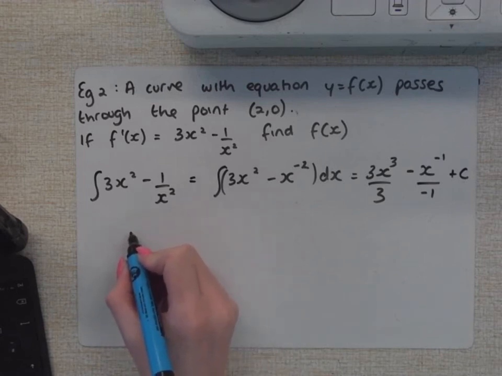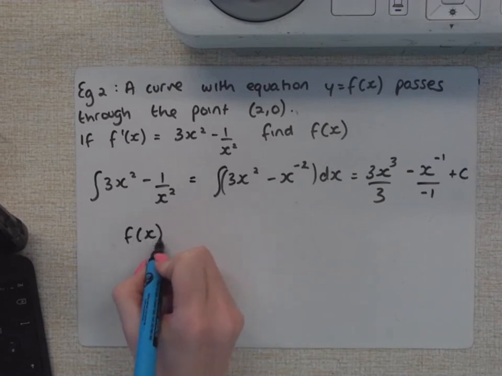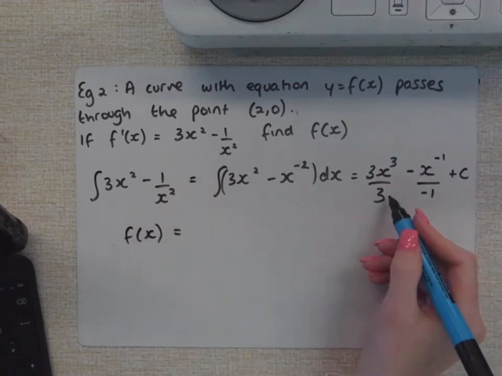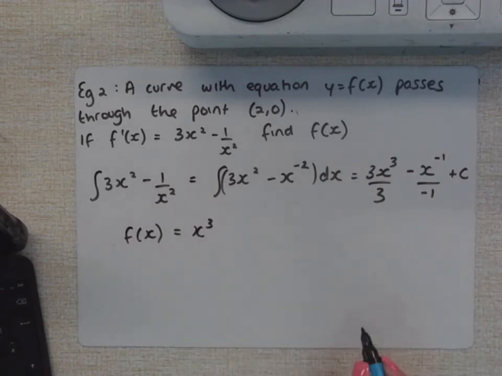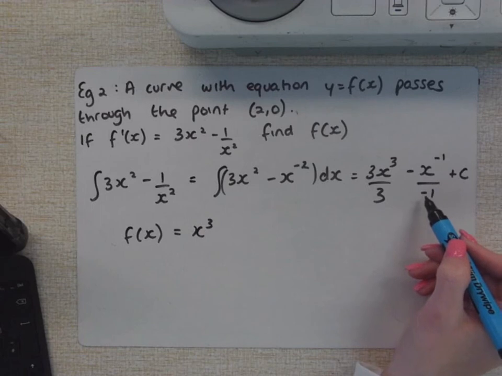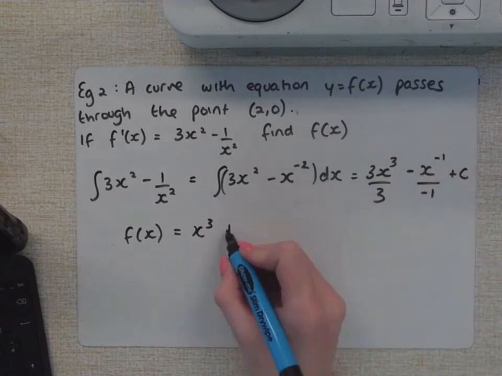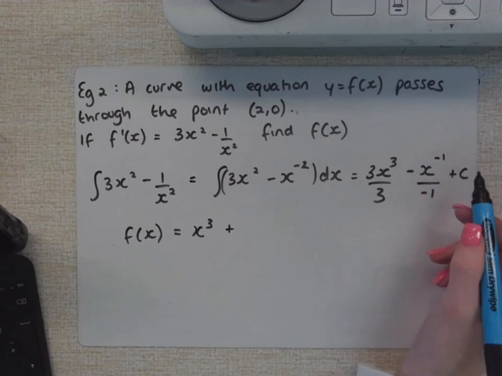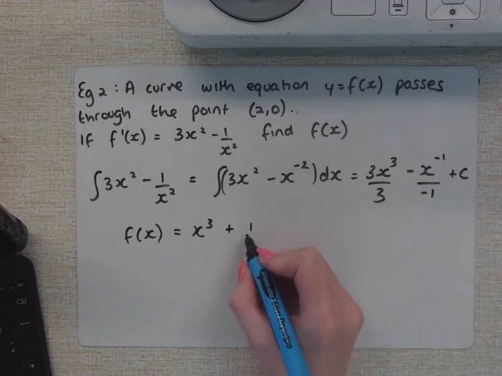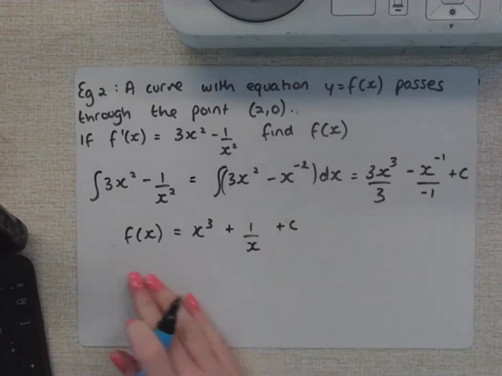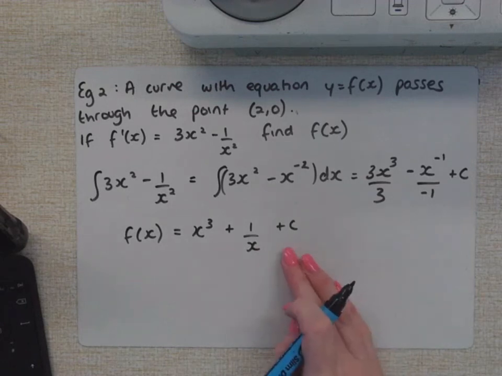So I get f of x equals, or y equals this thing, x cubed. The minus comes out from underneath and goes in front, so minus by minus is plus. x to the power of minus 1 is 1 over x plus c. That's my function with my constant of integration.